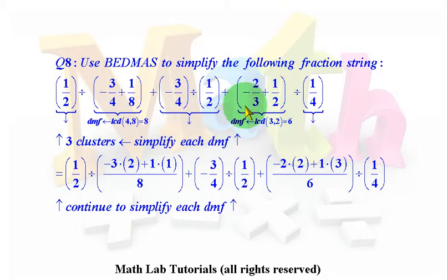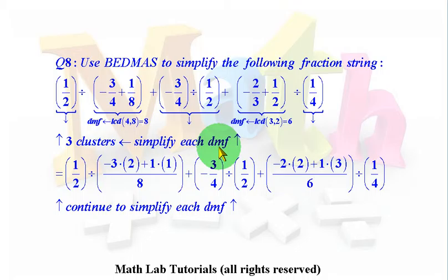This over here is a little fraction string, so it's a DMF, and we're going to use the LCD to simplify that. And the 1/4 is just a drop down. Okay, so again, we identify 3 clusters, and we need to simplify each DMF first.